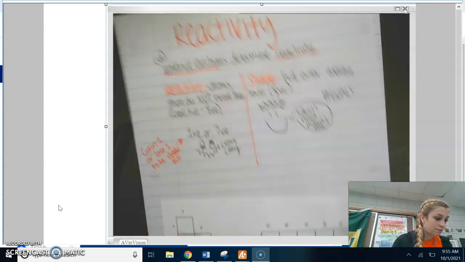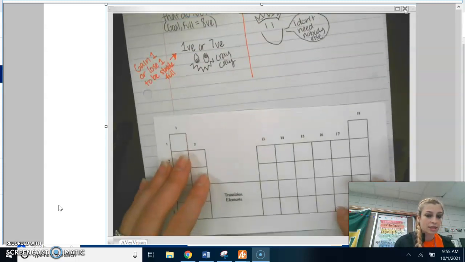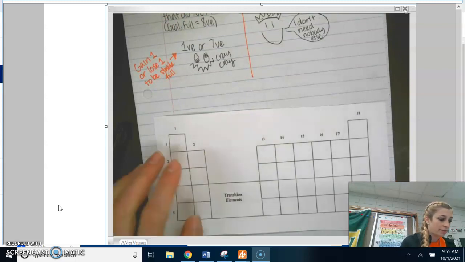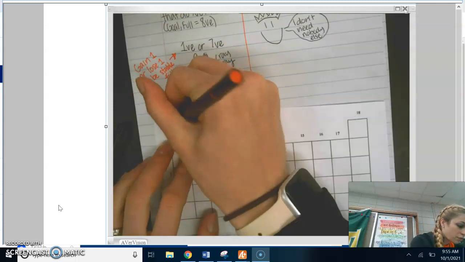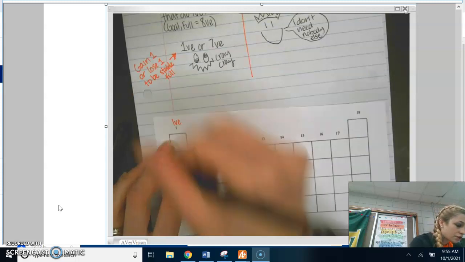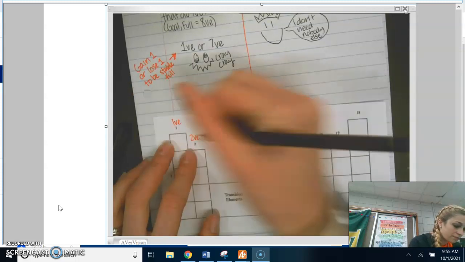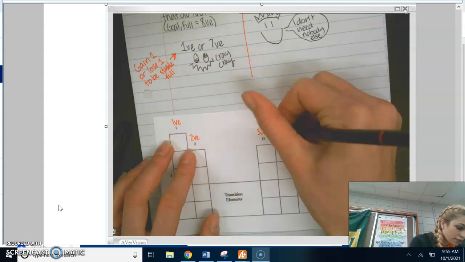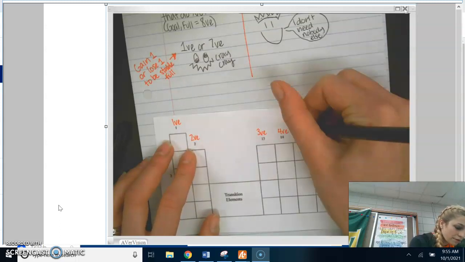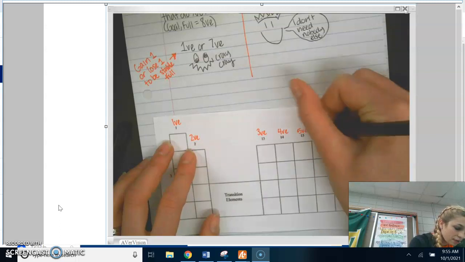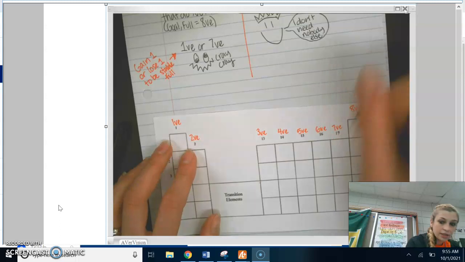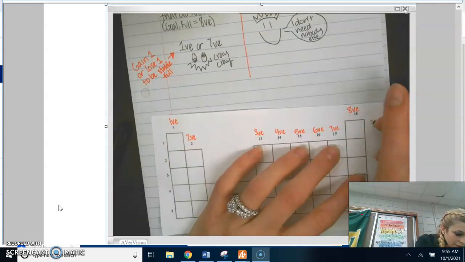So let's label our valence electrons on this little periodic table. We did this yesterday. Let's do it again. Group 1 has 1 VE, 2 has 2 VE, 3 has 3 VE, 4 has 4 VE, 5 has 5 VE, 6 VE, 7 VE, 8 VE, and then remember helium is different.